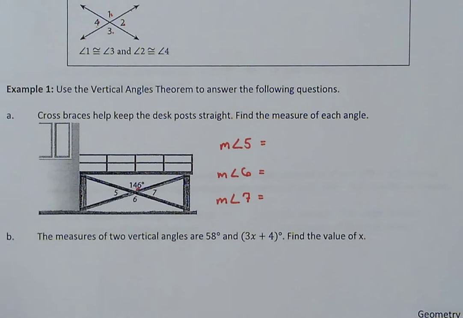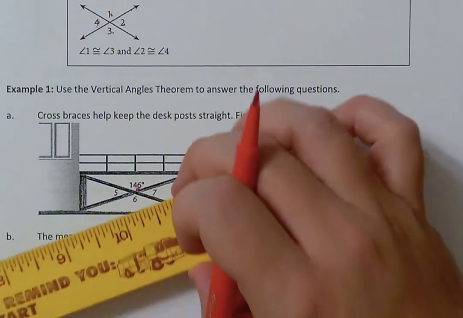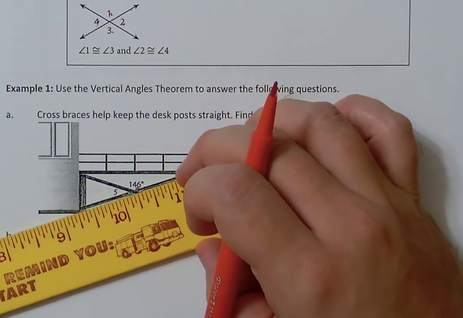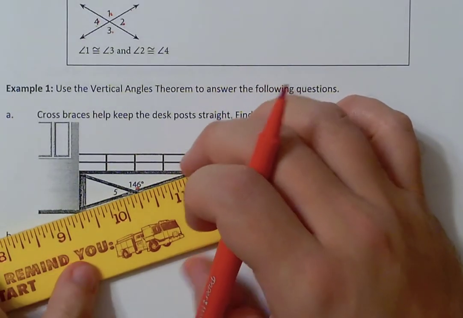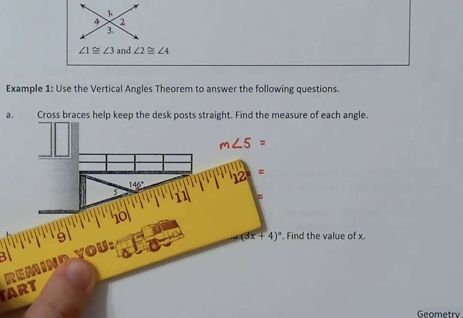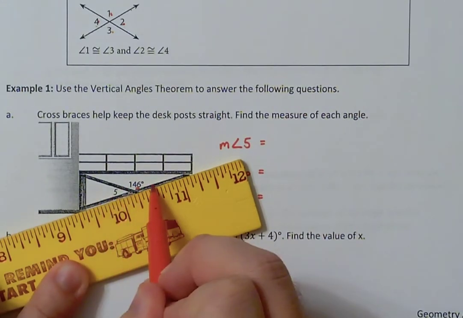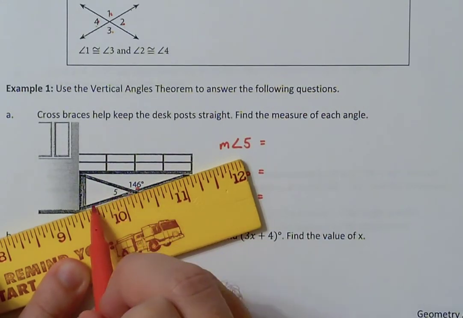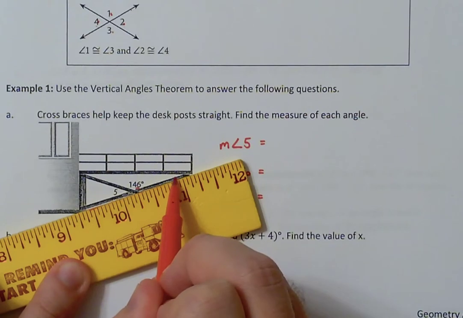We're going to use the vertical angles theorem and linear pair theorem for today. So let's find the measure of angle 5 first. If we disregard angles 6 and 7, angle 5 and the measure of 146 form a straight line.